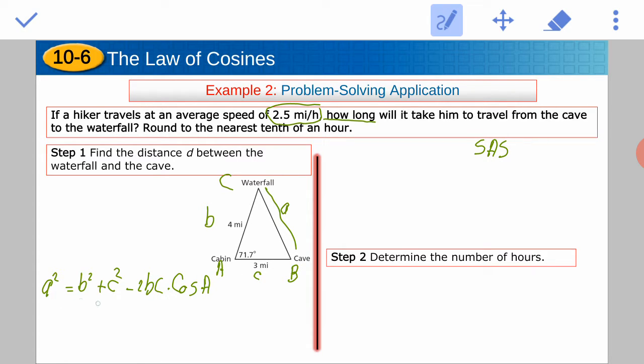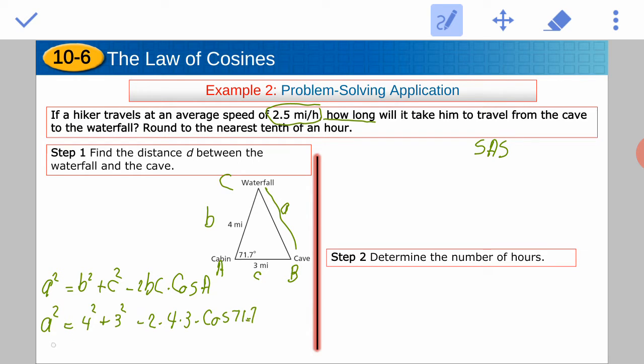Guys, everything is given. So a squared is equal to the square of b. b is 4 miles, so 4 squared, plus c is 3 miles, 3 squared, minus 2 times 4 times 3 times cosine of angle A. Angle A is also given, 71.7.